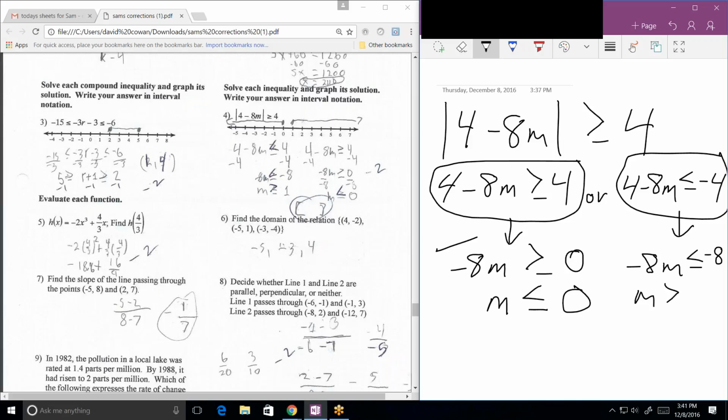All right. So if I graph that, there's 0, there's 1. This part, closed dot, goes in that direction. This part, closed dot, goes in that direction. And that's the graph.